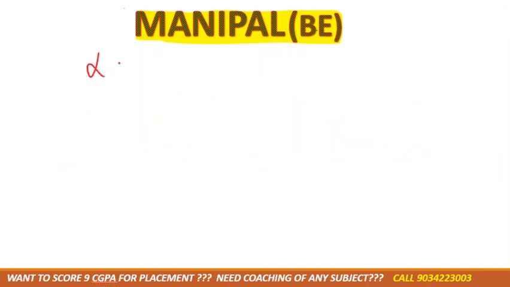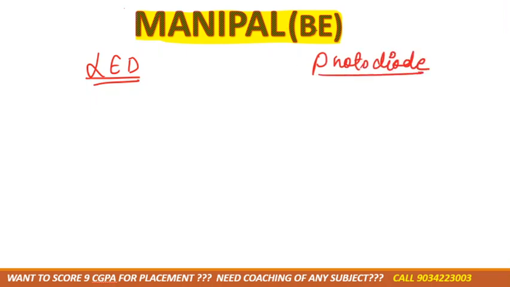Now see, one of the things we'll have is LED. LED is like which we are using at our home. Another is photodiode. Can anyone tell what is the full form of LED? You are using LED at your home now.